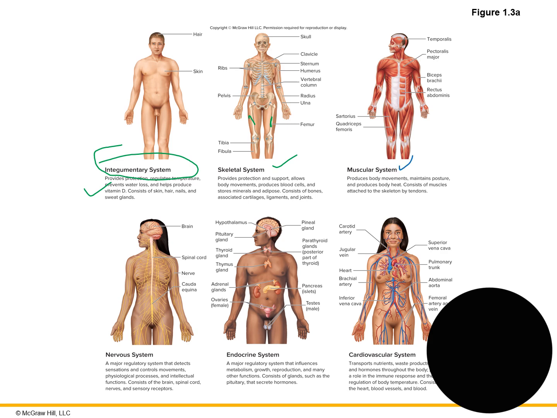So movement is one of the things, along with maintaining posture and producing body heat. For example, you shiver when you have a what? Cold. So that is maintaining the temperature. This mainly consists of the skeleton, and it attaches to the skeleton by tendons.